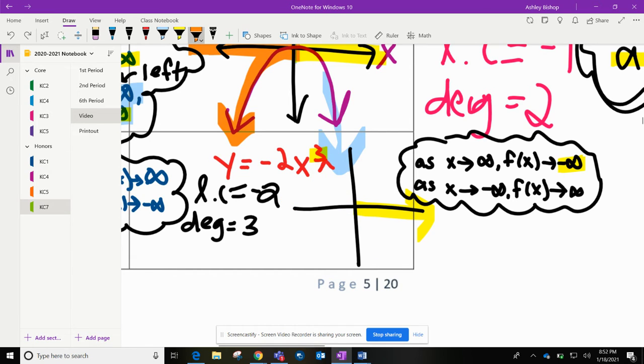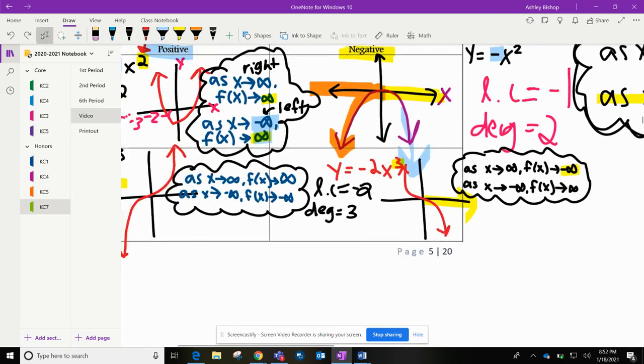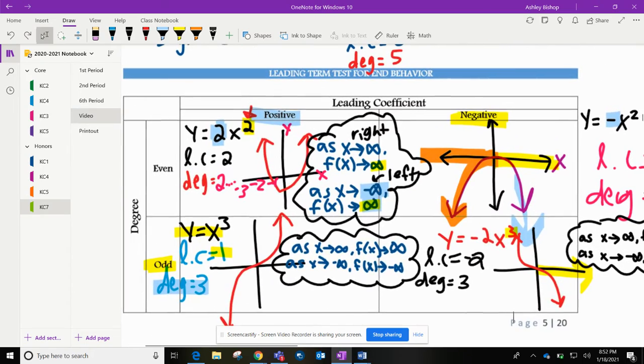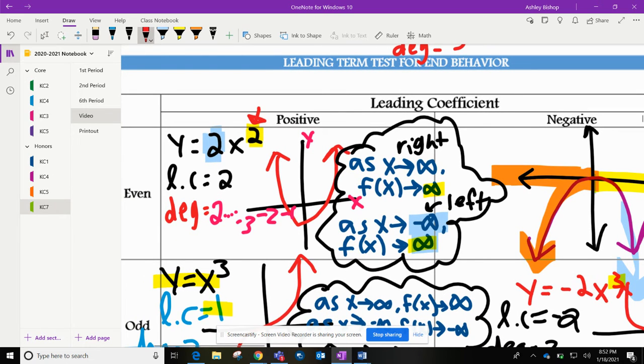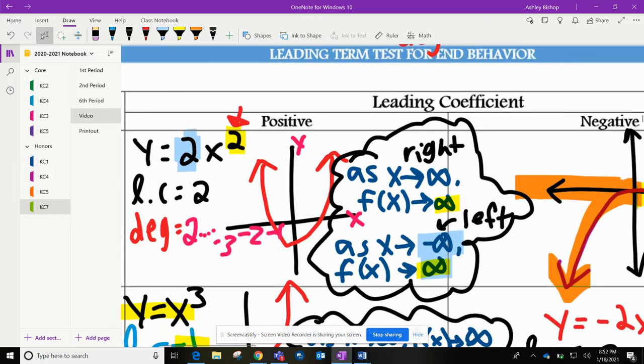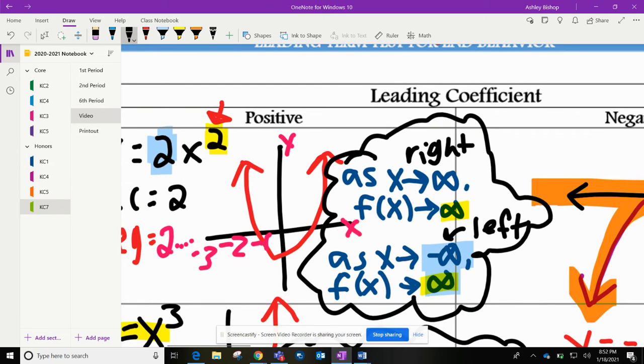Now, a way to remember all of this is by looking at the chart. Looking at the chart means we're going to rely on what's going on the outside. A positive leading coefficient means that you are going to have the right side up on your graph. So that means the right-hand side of your graph is going to be going up towards infinity.